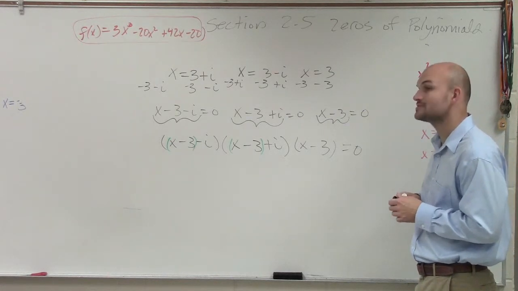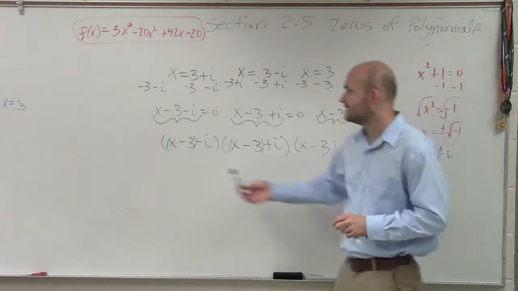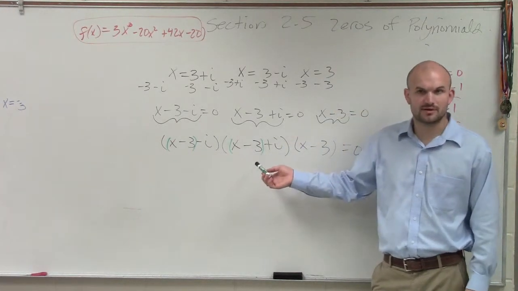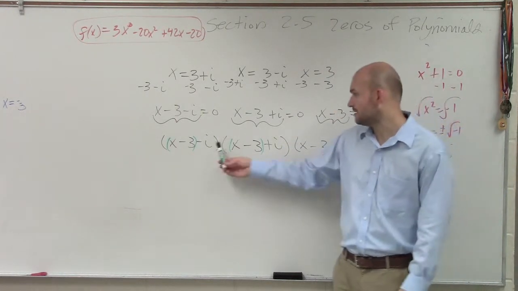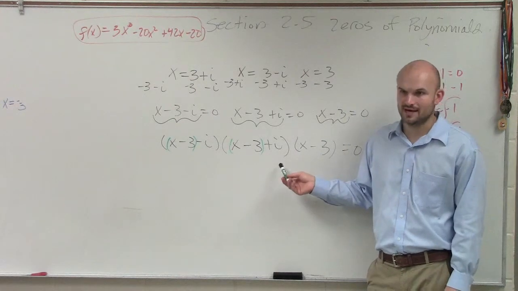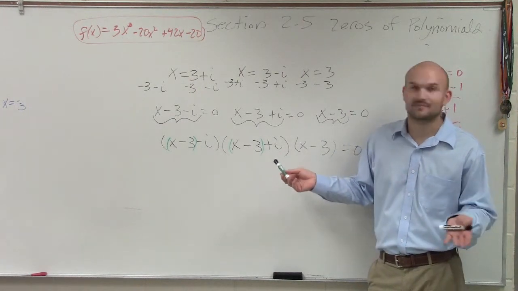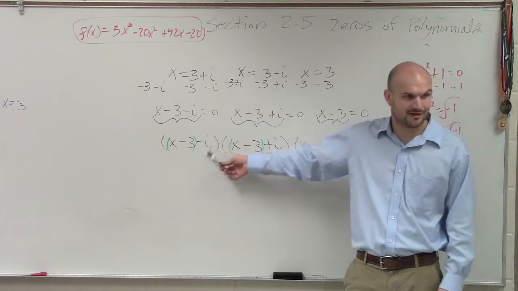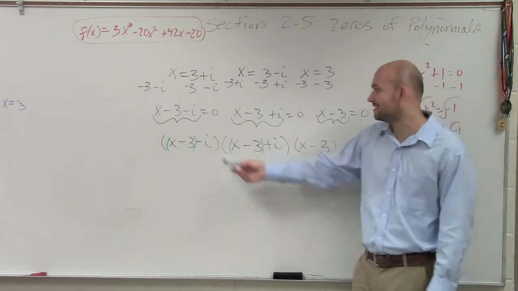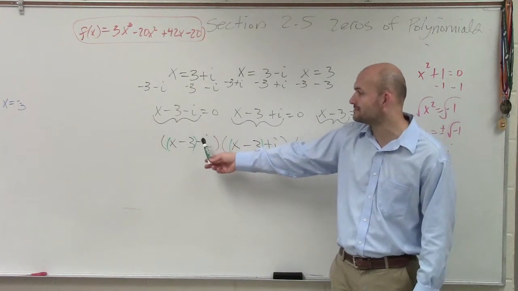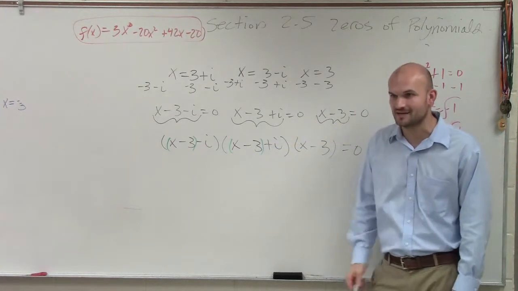Now there's something important that I noticed. Inside the parentheses, is it the exact same number or expression? Yes. Is the i and i the exact same? Yes. Well, sorry. Is the absolute value of the last number the same? Yes. Is what's separating them a negative and a positive sign?